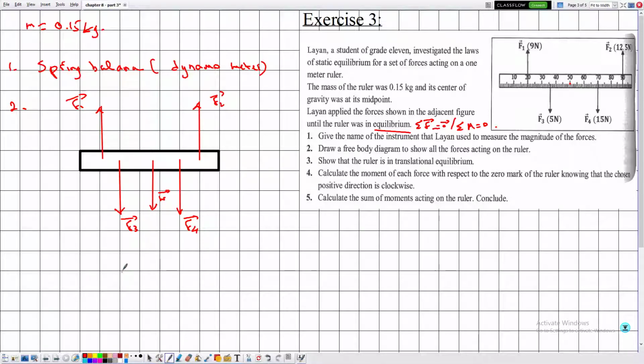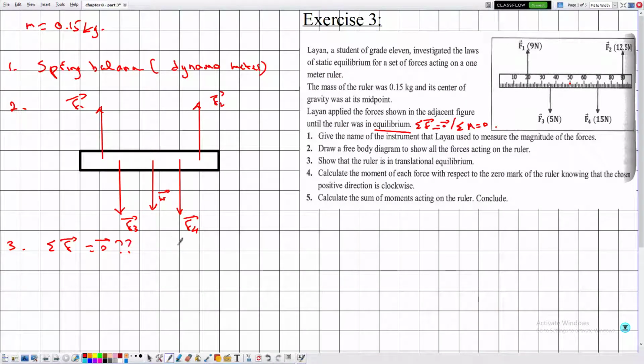In the previous examples we didn't mention the weight because I stressed the fact that these beams or rods that we were considering are of negligible mass. Now in number 3, they are telling me to show that the ruler is in translational equilibrium, so we need to verify that the sum of forces is equal to 0 vector. How to deal with this equation?